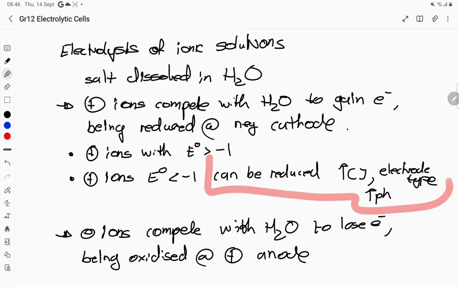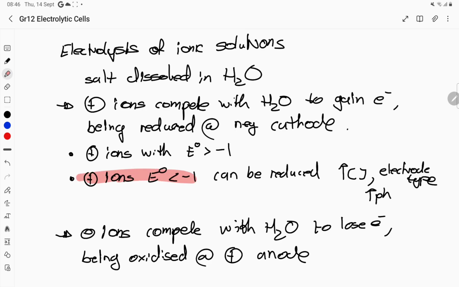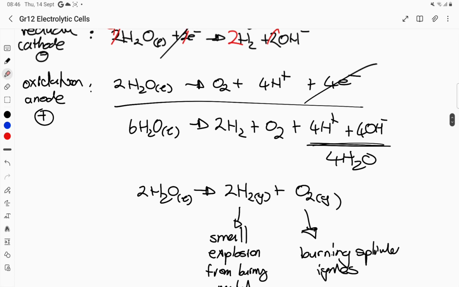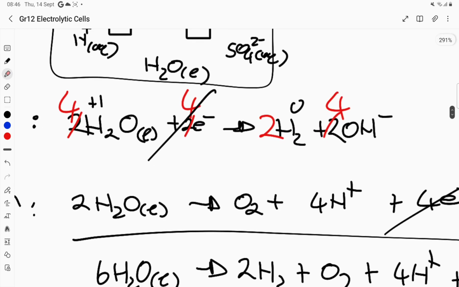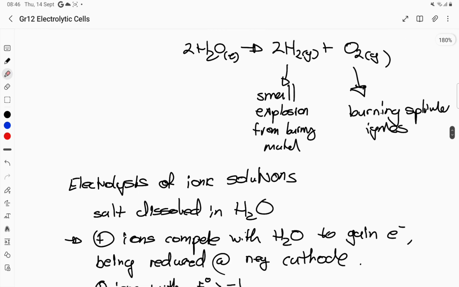But it can still happen under certain situations, like a high concentration, the electrode type you use, and high pH. But generally speaking, if the reduction potential is less than -1, then the water molecules gain preference, and we end up with a situation where the water gets reduced instead of the positive ion.